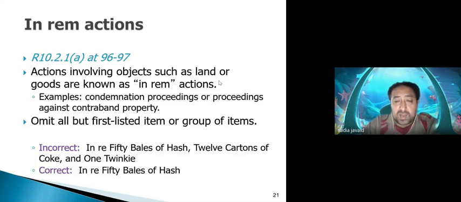So there are different remittance names or things there, but in a precise form in Bluebook style, the right way is simply this: In re 50 bags of hash, nothing else. So it means that the Bluebook totally focuses on a precise and to-the-point agenda.